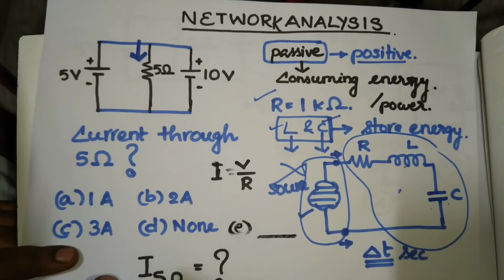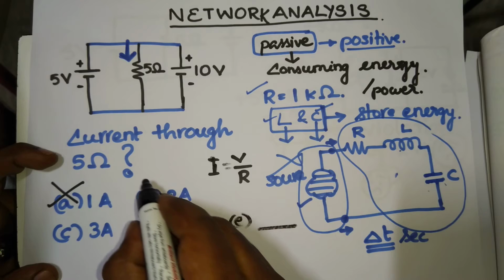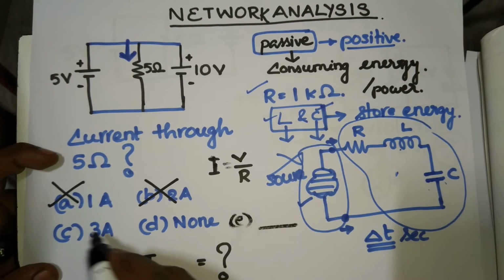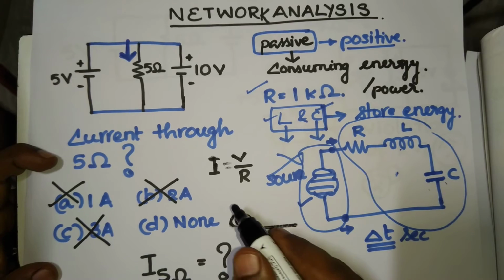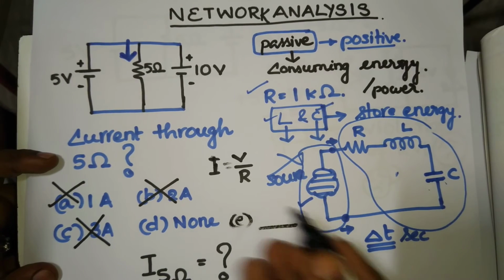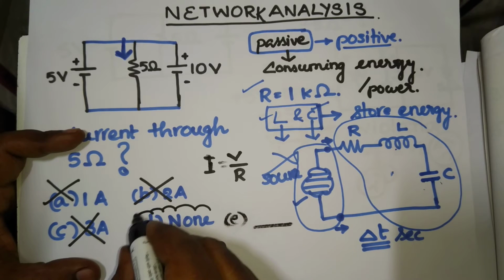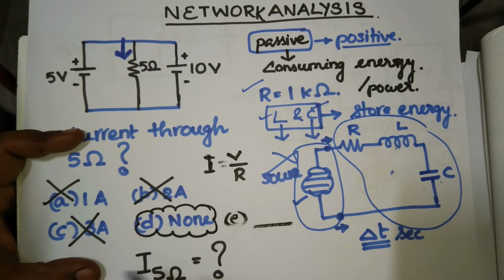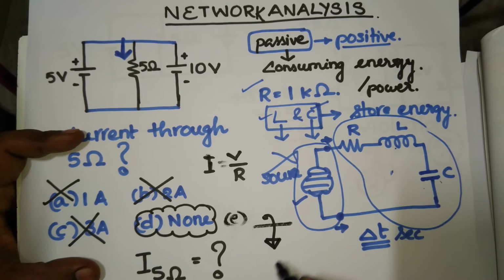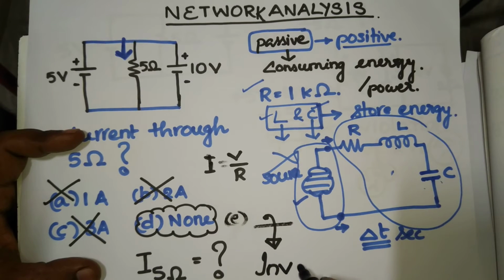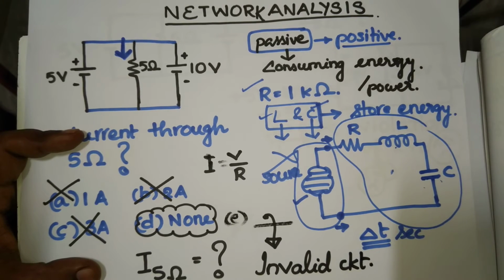Okay. So 1 ampere, this is impossible. 2 is again impossible. Is 3 okay? 3 is impossible. And none. Okay. If I don't know anything, I'll go for none. Anyway, sometimes you must have guts to write something new. So you must be able to write something here like invalid circuit. You cannot connect a circuit like that.